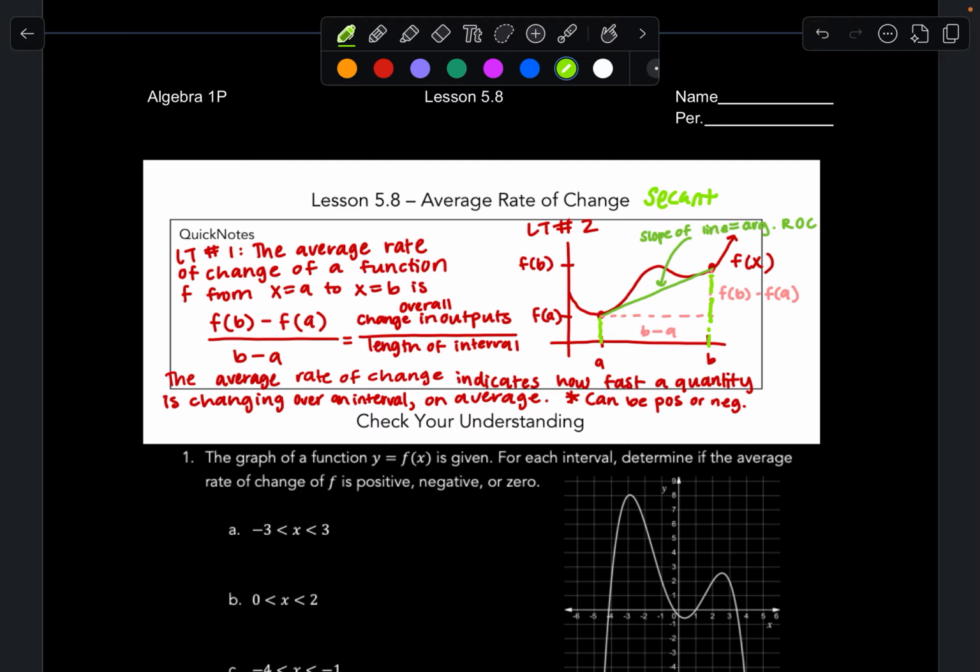So the average rate of change m is just going to be f of b minus f of a all over b minus a, and that's the slope. That's the average rate of change, the average ROC.